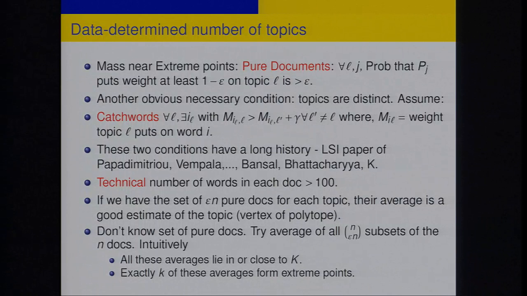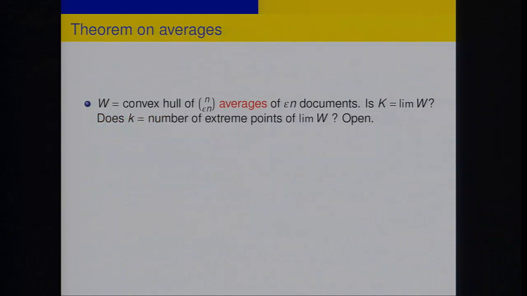While this is intuition, proving it is not that simple, so I'm going to state a conjecture. There are n IID documents, n is large, going to infinity. I take all the n choose epsilon n averages of epsilon n subsets of documents. I want to assert first that the convex hull has a limit as n goes to infinity. It has to be proven.